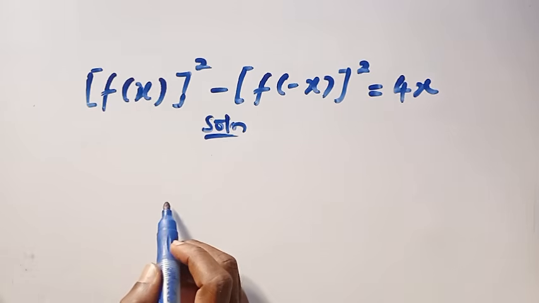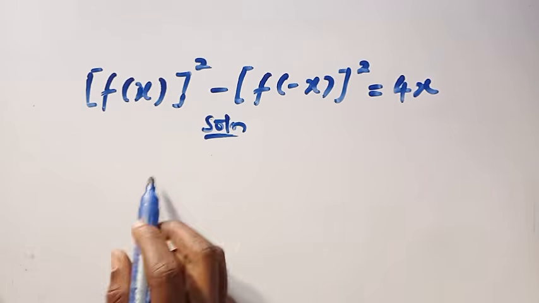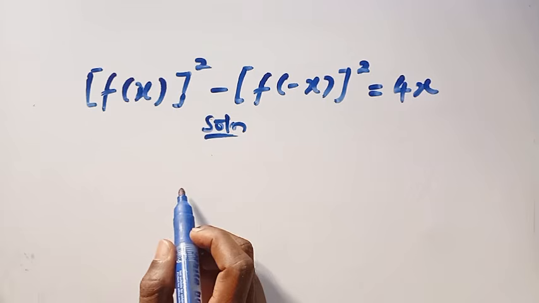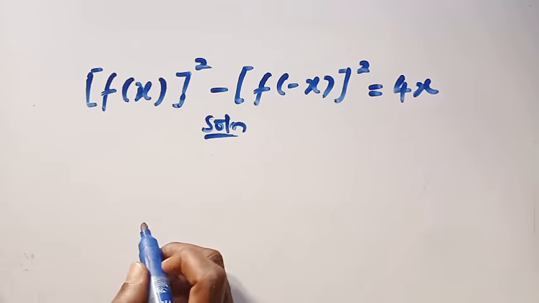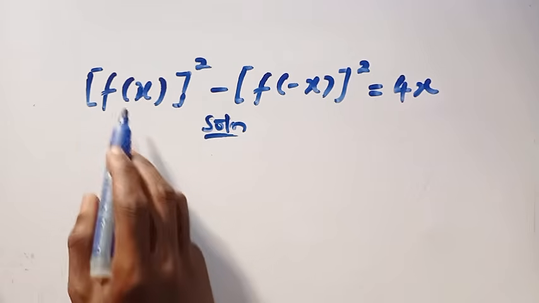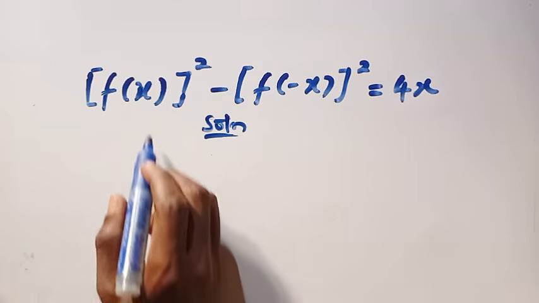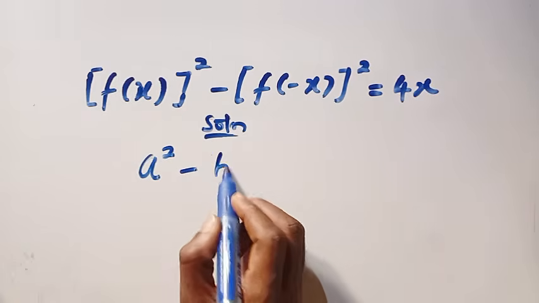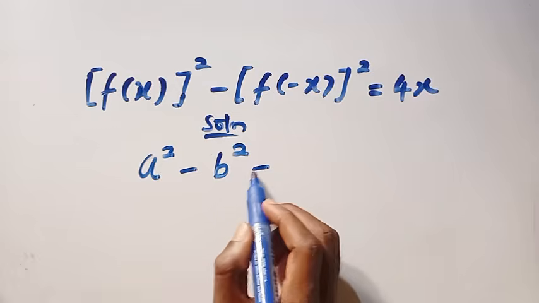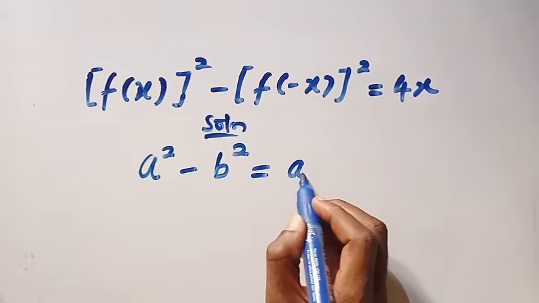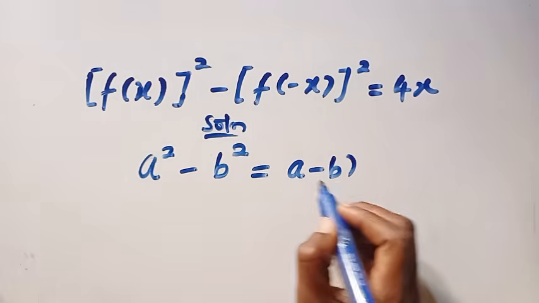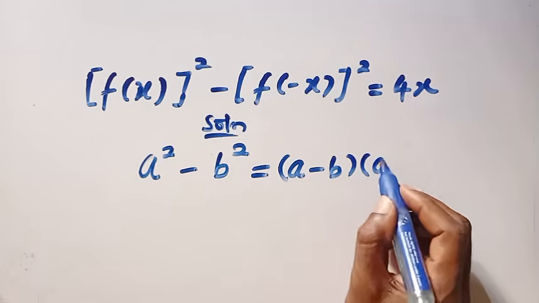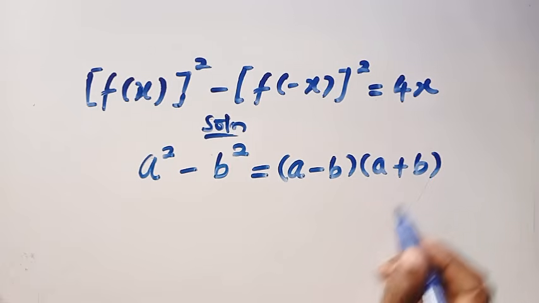Solution. From this problem, we are going to apply the difference of two squares first. We have f(x) squared. If you have a² minus b², this gives us (a minus b) multiplied by (a plus b).